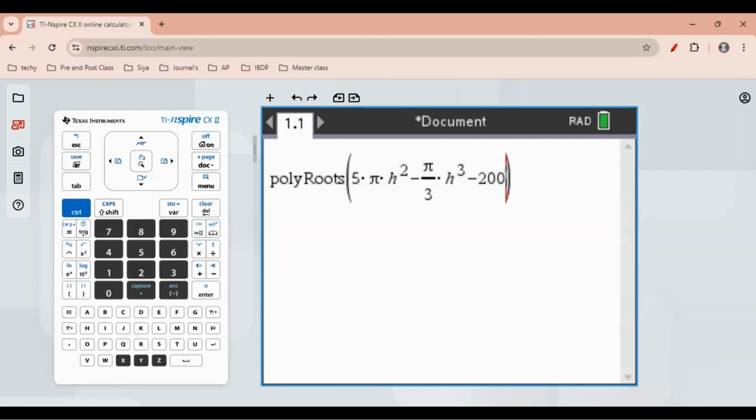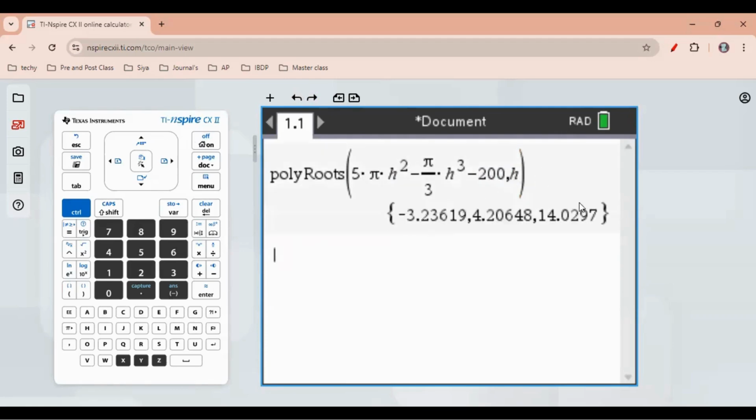Let's do the change, comma, h. And we got a list of values. So selecting which value matters here. Let's take this over to the solution part.